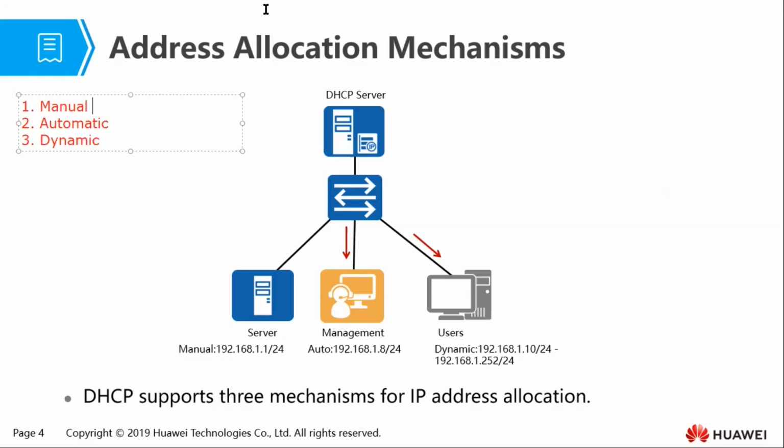What that means is, for example, a few devices in your network, like your servers and your network management devices, might need a more permanent IP address so that they are trusted, and you've configured other network equipment to trust that IP address for security purposes.